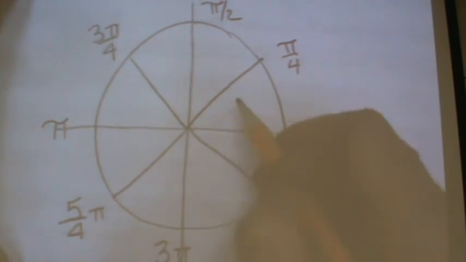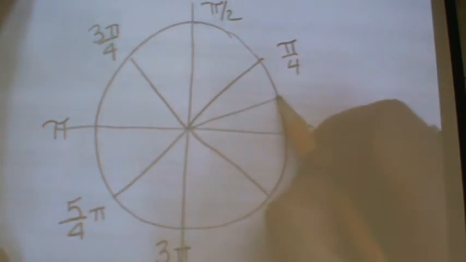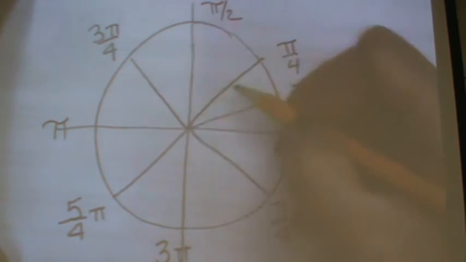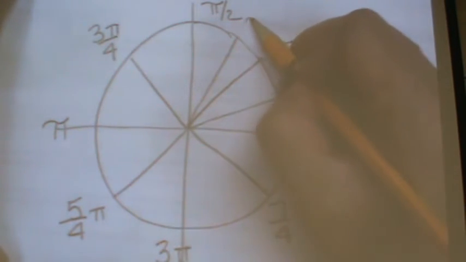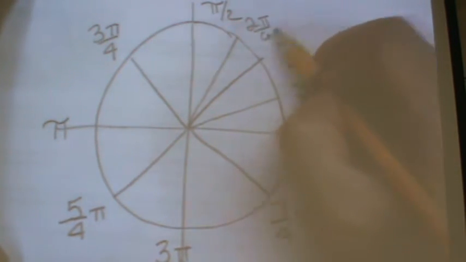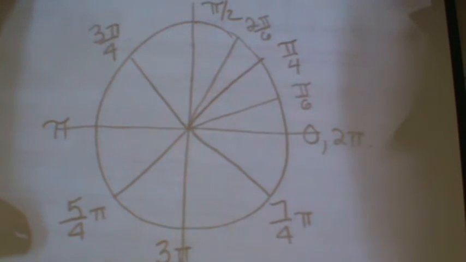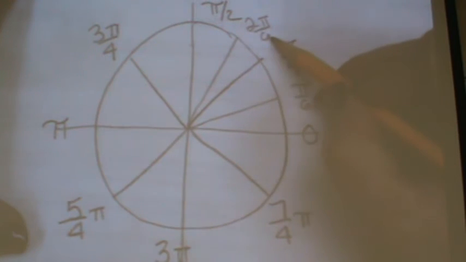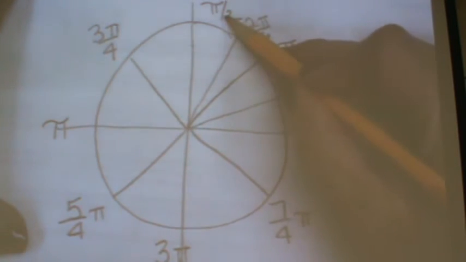Now do the 6ths. Pi over 2 is the same thing as 2 pi over 4. Say it again. 1 6th, 2 6ths, 3 6ths, then 4 6ths.